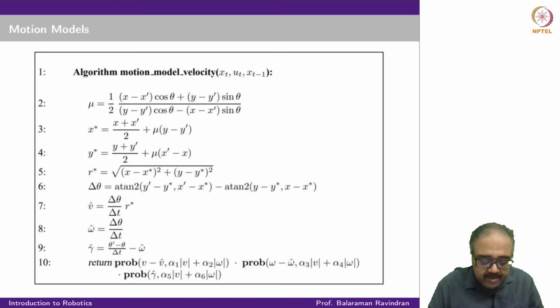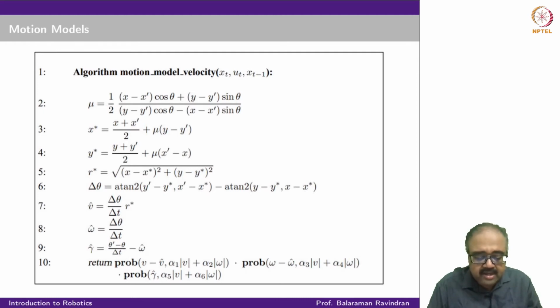So for that, what we do is we look at how much angular velocity we have already accrued, and then we compute a correction which we call gamma prime.